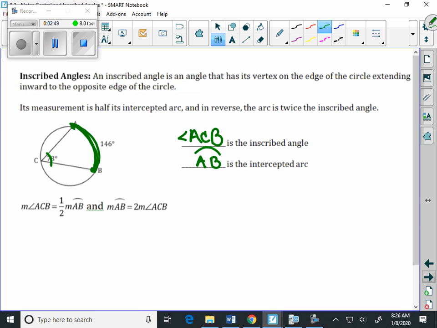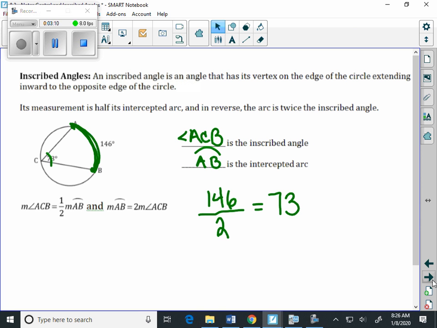If you notice here, if we take 146 and divide it by 2, we end up with 73. The measure of the inscribed angle is half the measure of the intercepted arc. Now that we know a little bit about both of those, we're going to try a few examples to practice.